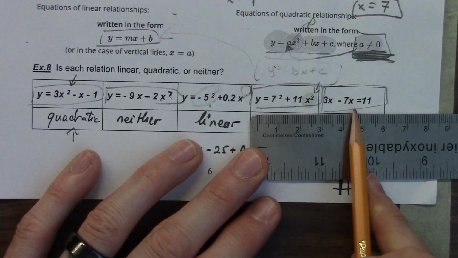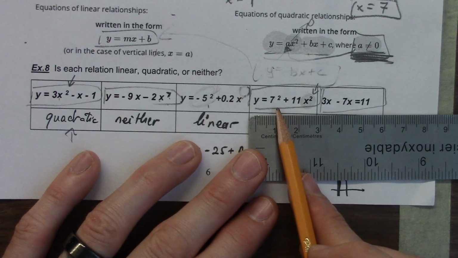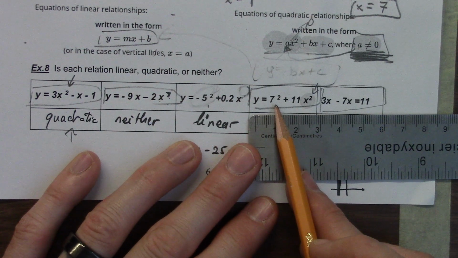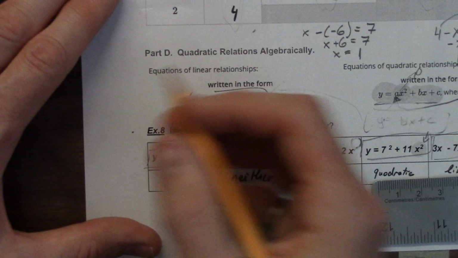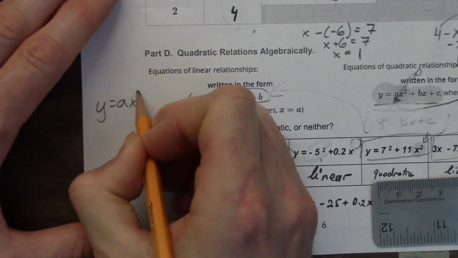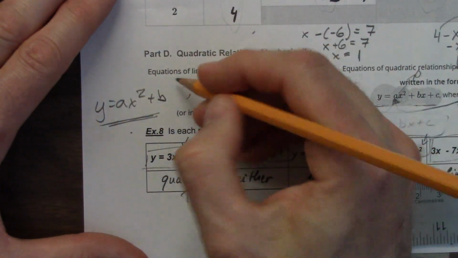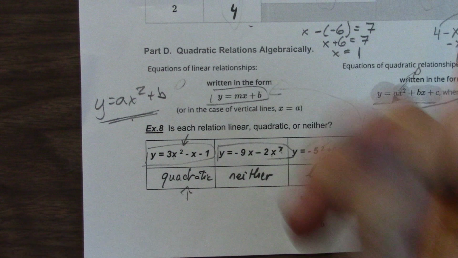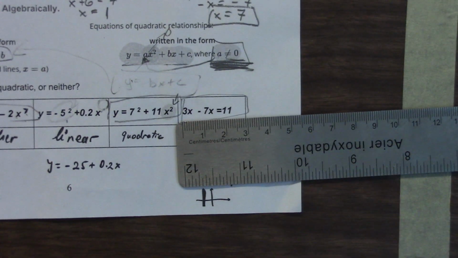The c in this case is 0. So this is still a quadratic. If you just have this, that's still a quadratic, where just the c is 0. Okay? It's fine.